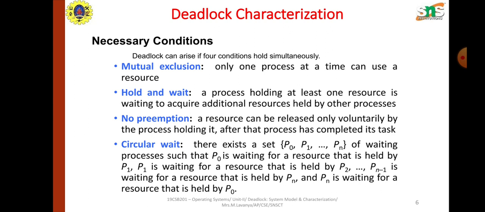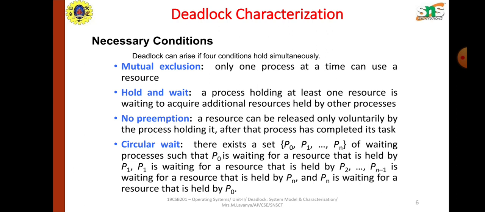For example, take the first process as P0, and P0 is waiting for a resource held by process P1, and P1 is waiting for a resource held by process P2, and P2 is waiting for a resource held by P3. Further it goes on, and the last process Pn will be waiting for the resource held by P0. So there is a formation of a cycle in this.